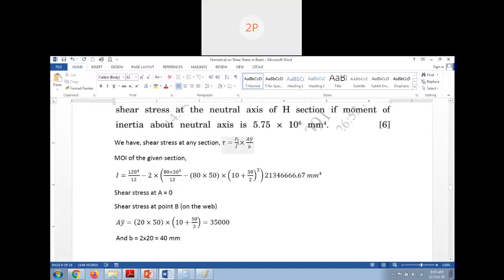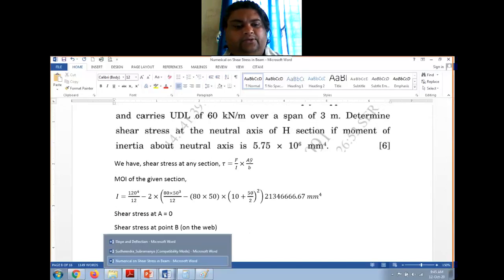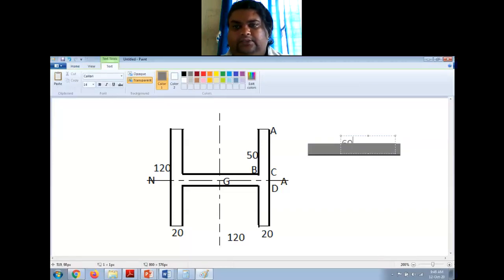So it is a simply supported beam with UDL of 60 kilonewton per meter, right? Simply supported beam with UDL. I'll just apply UDL here, and this value of UDL is 60 kilonewton per meter.